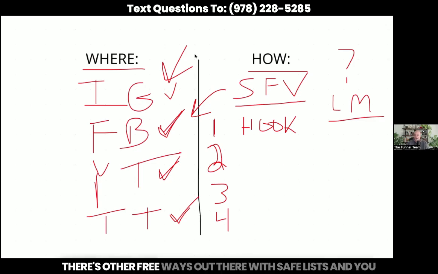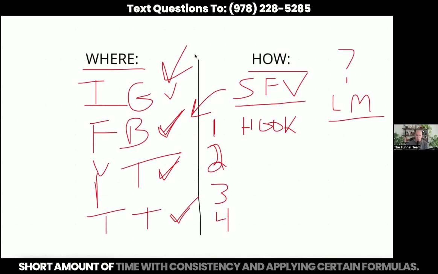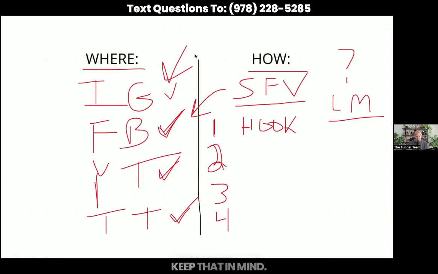There's other free ways out there with safe lists, and you get into some funky stuff with that, and there's a lot of spam going on there. So you want to avoid that. Social media is where you can not only get leads for free, you can also grow organically, and you can go from zero to hero in a very short amount of time with consistency and applying certain formulas. Okay, keep that in mind.